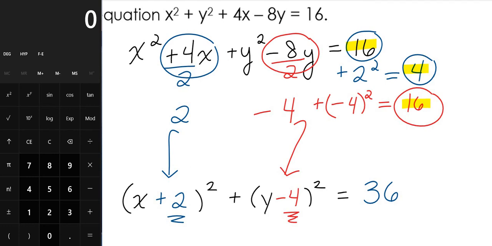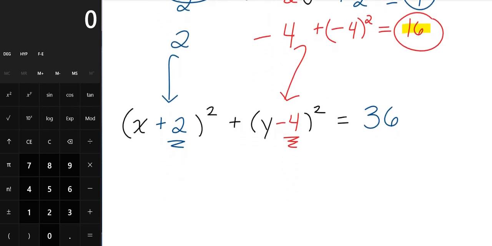Now, this is in proper standard form for a circle. And the question is, find the radius and find the center. Well, that's pretty easy now that it's in this form. So I'm just going to give myself a little bit more room. Now, your center, like I mentioned before, is always the opposite sign of what's currently in the parentheses.